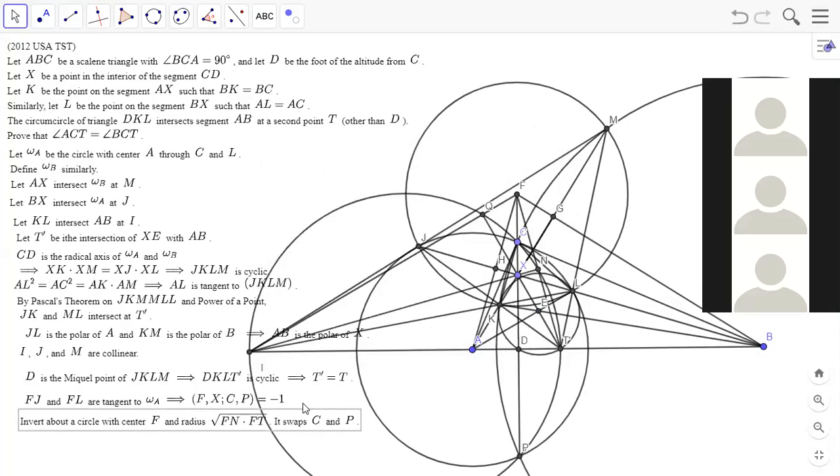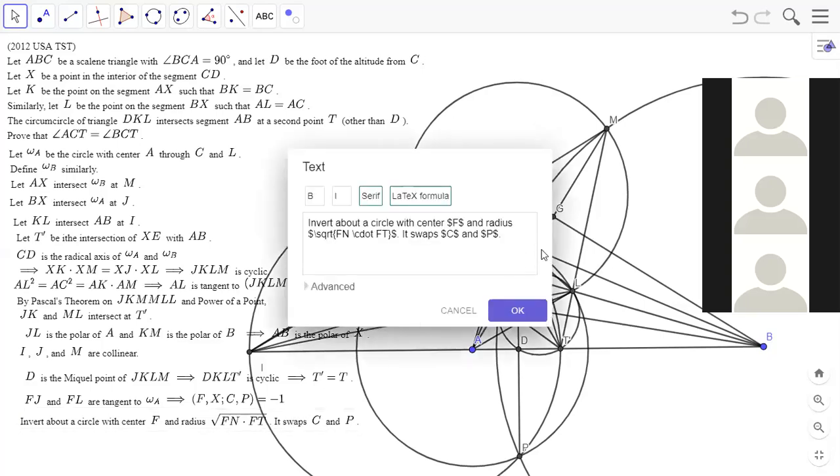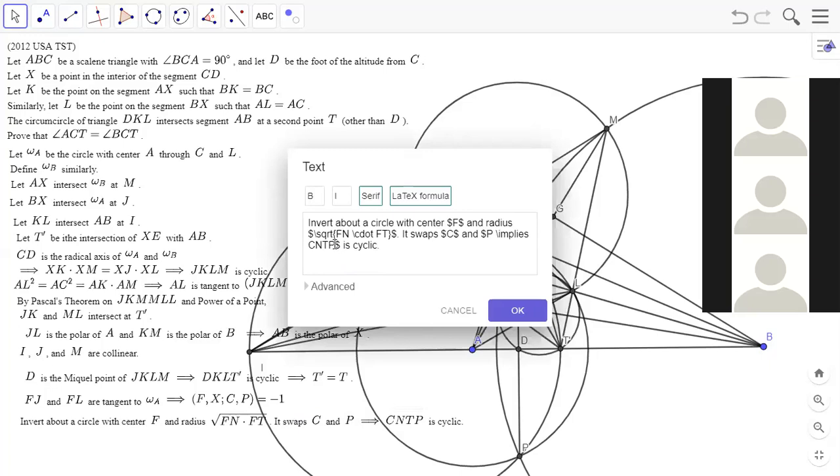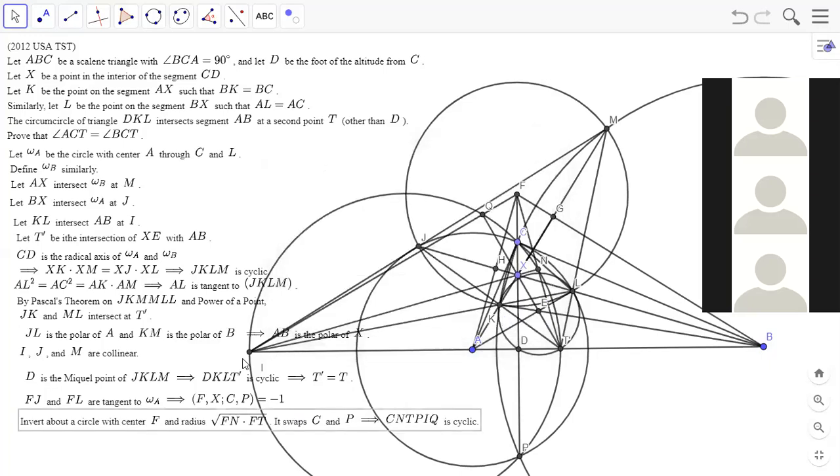So that means C, N, T, P is cyclic. And then that means angle ICT equals angle INT equals 90.